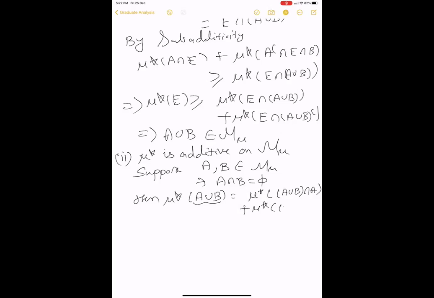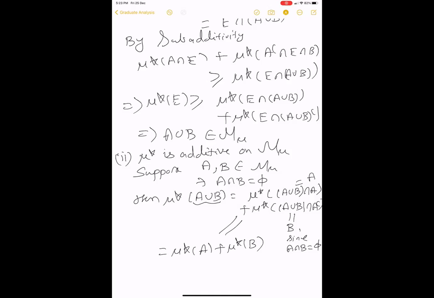But then A union B intersection A is A, of course, that's always true. A union B intersection A complement is B, since A intersection B is empty. So this whole thing is equal to mu star A plus mu star B.